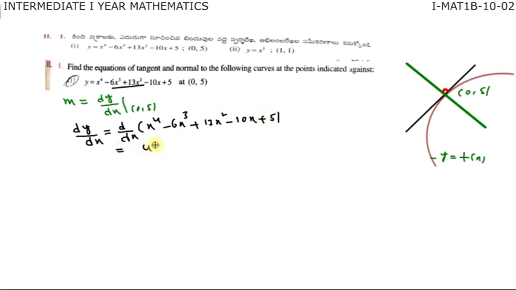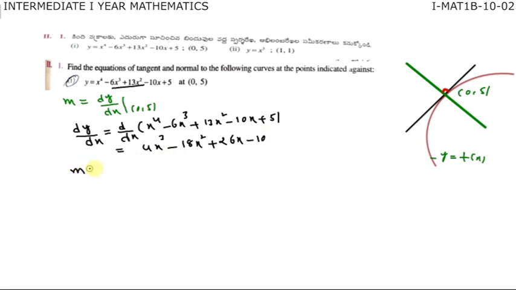X power 4 derivative is 4x cube. Minus 6 constant, x cube derivative is 3x square, so I will get 18x square. Plus 13 constant, x square derivative is 2x, 2x into 13 is 26x. Minus 10 constant, x derivative is 1. Constant derivative is 0.